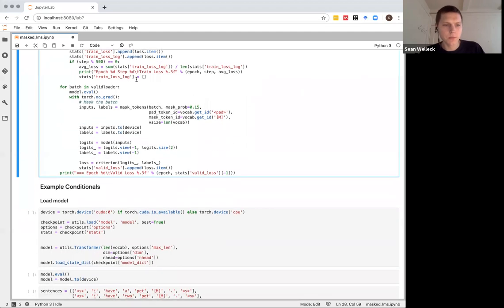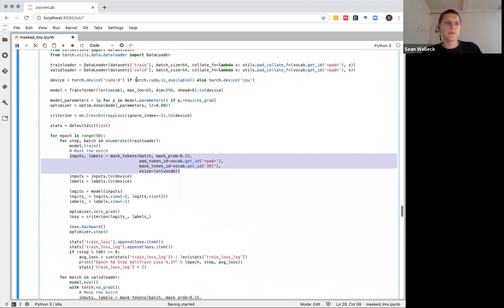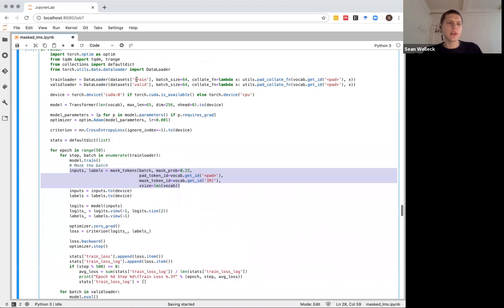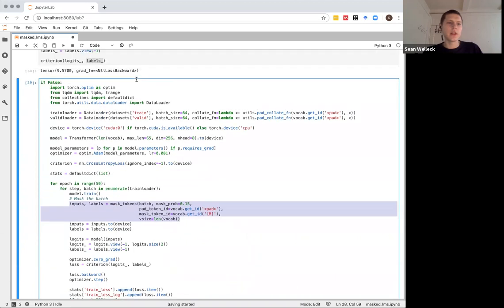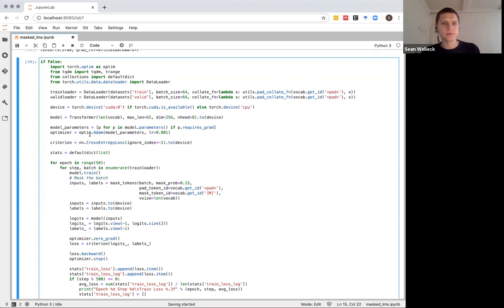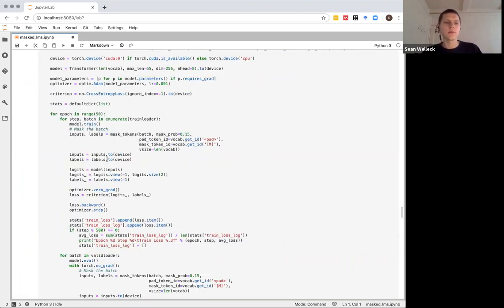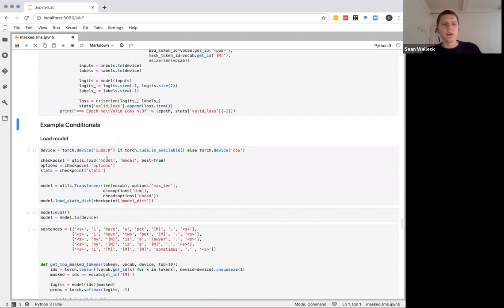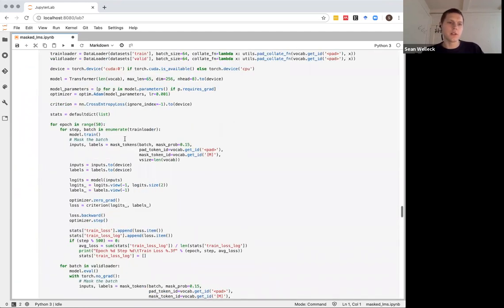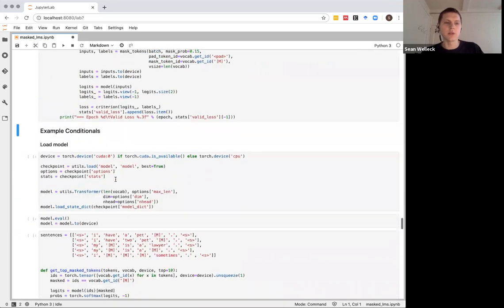And then, of course, if you want, you could set this to true, and you could train your own model. Okay. So if you were to run this training process using masked language modeling, here's an example model that you might get.